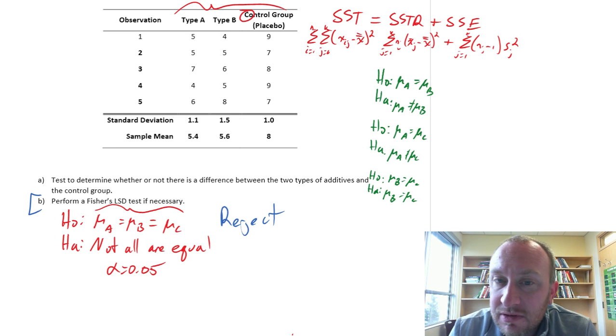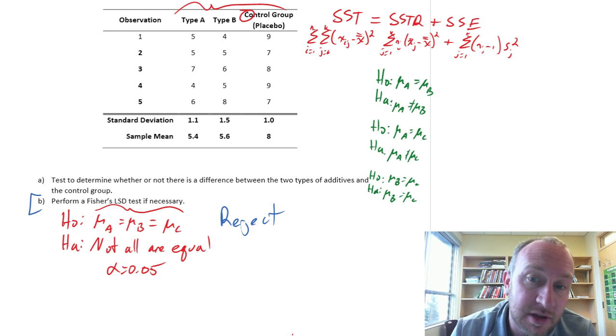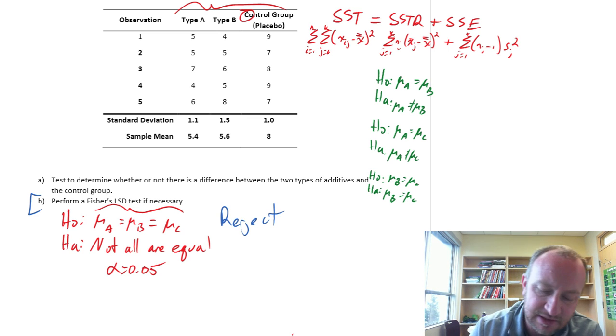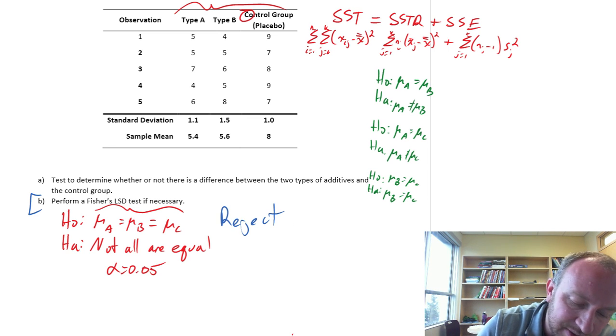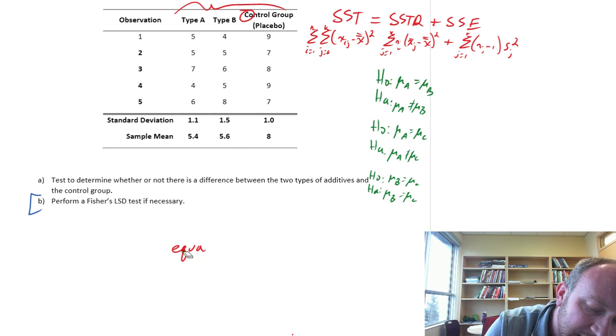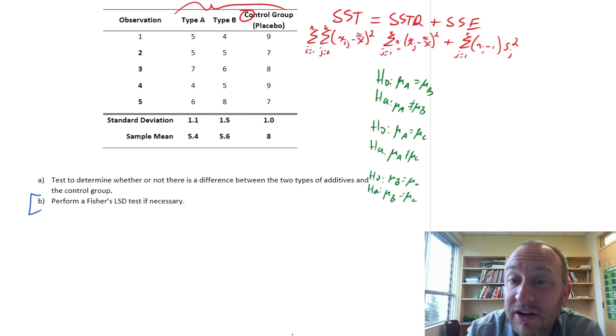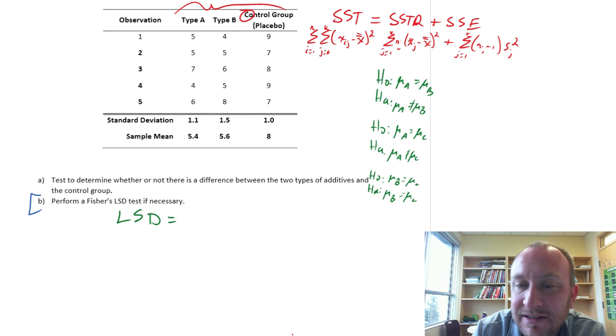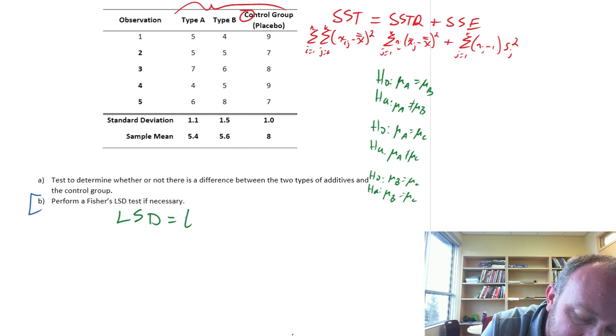So how do we do these tests? Well, it's similar to our Chapter 10 exercises, but with some subtle differences. Basically, we have a straightforward rejection rule. First of all, we'll calculate this thing called the LSD, or the least significant difference. You might recognize this formula.